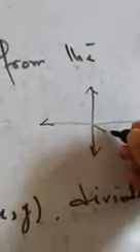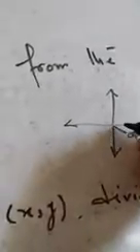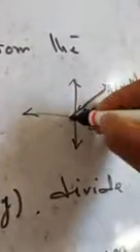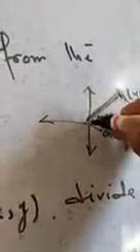This point is called the origin, and its coordinate point is 0, 0. For example, if you need the distance from A, whose coordinate point is x comma y, to the origin, how can you find it?